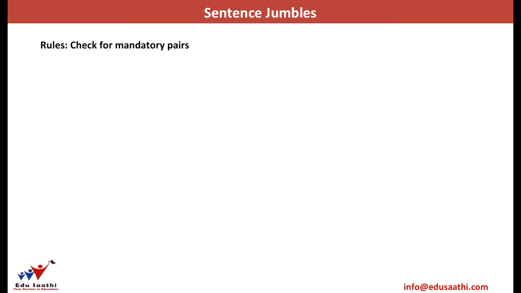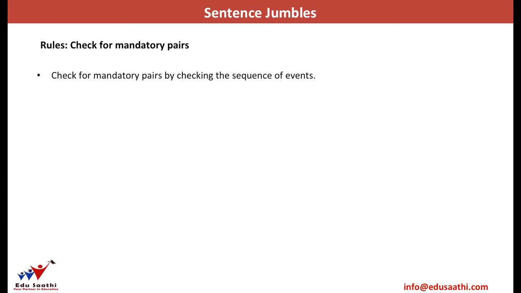As you could see till now, we can easily interpret the answer if we find a mandatory pair in the options. There may be a mandatory pair based on the sequence of events happening in the sentence. For example, in a big sentence where two clauses are joined by a conjunction, there would be a certain sequence of events.